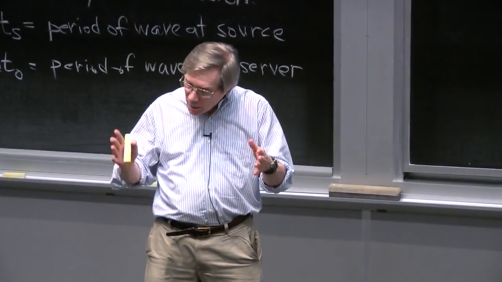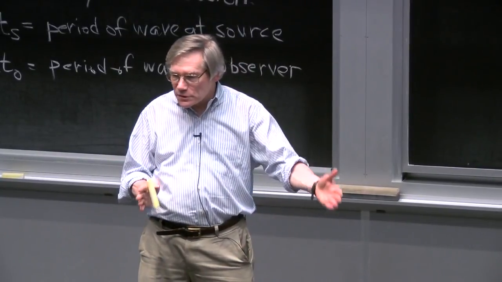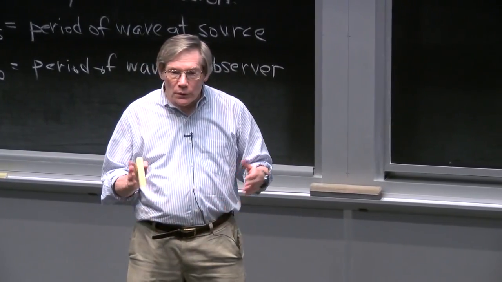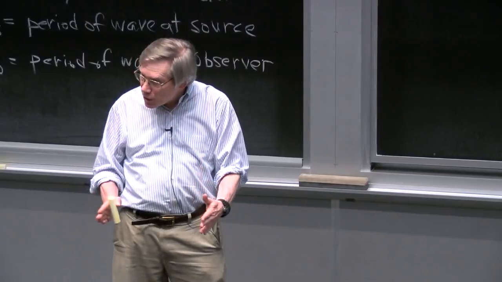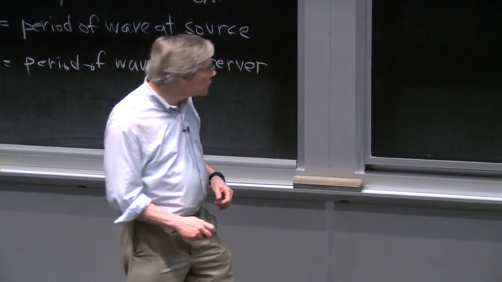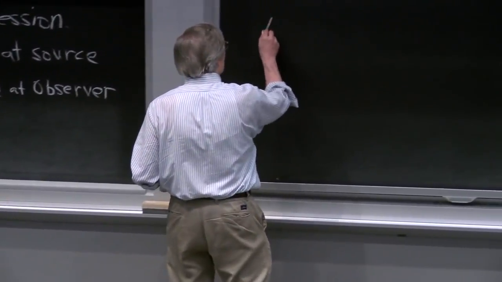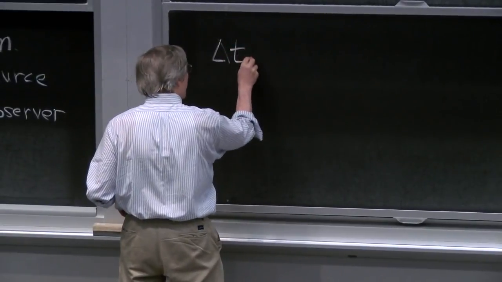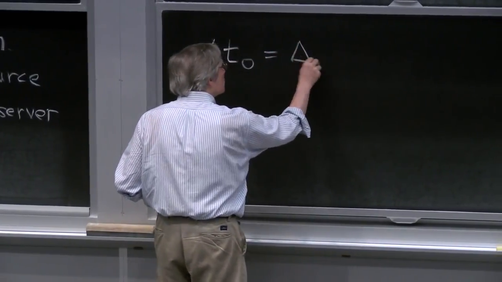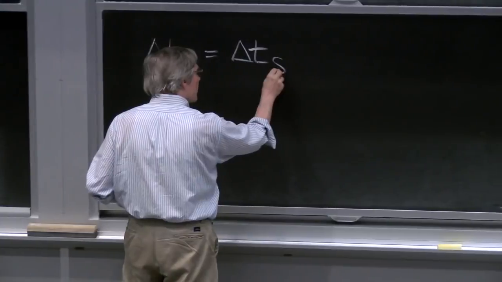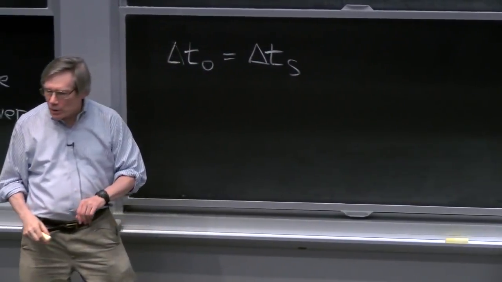Each would occur later by some fixed amount, the amount of time it would take the sound wave to travel. But they will occur later by the same amount if there was no motion. So if there was no motion, delta t sub o would be equal to delta t sub s.